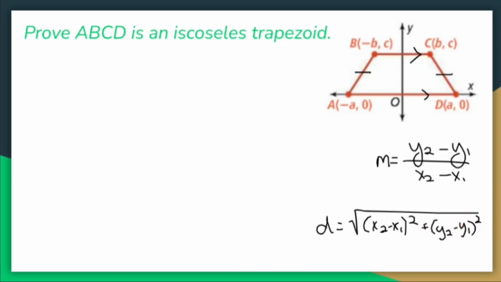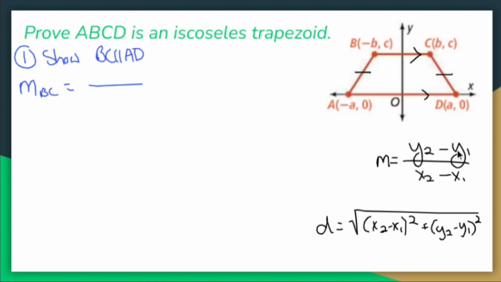Okay, so let's start out by doing the whole parallel thing. I need to show that BC is parallel to AD. So the slope of BC, I'm going to use the slope formula. Let's let this be x sub 1, y sub 1, and this be x sub 2, y sub 2.